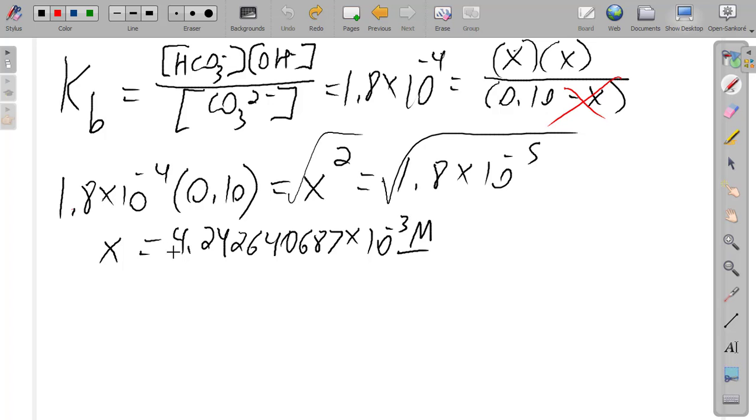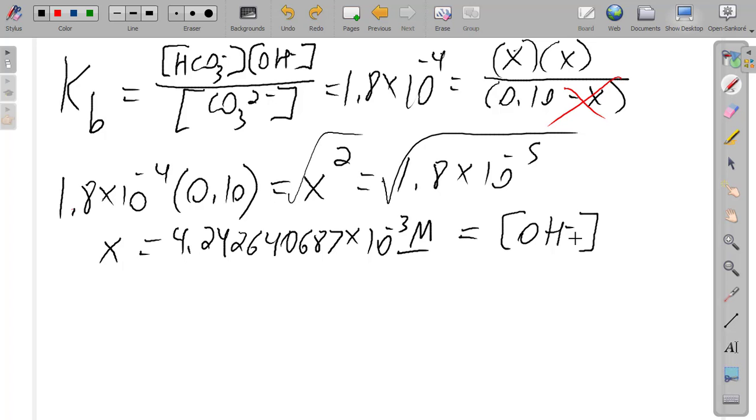Again, this is equal to the hydroxide. That does not give us pH. We must have hydronium to do pH.